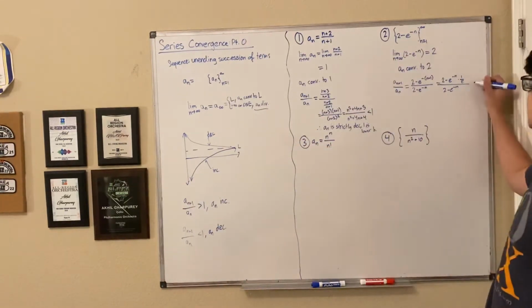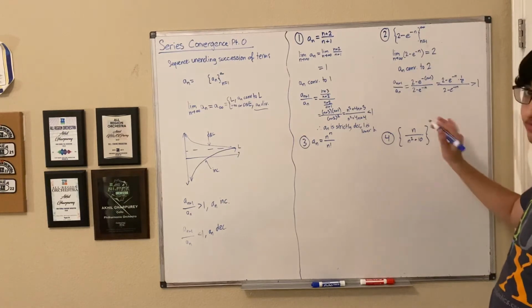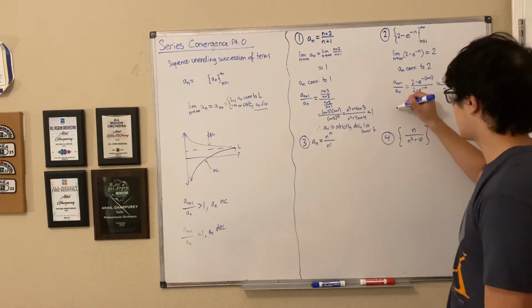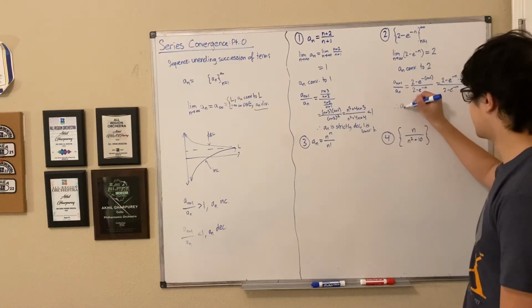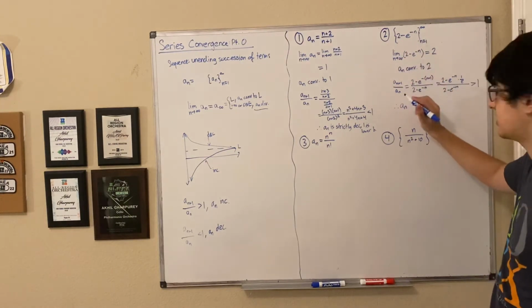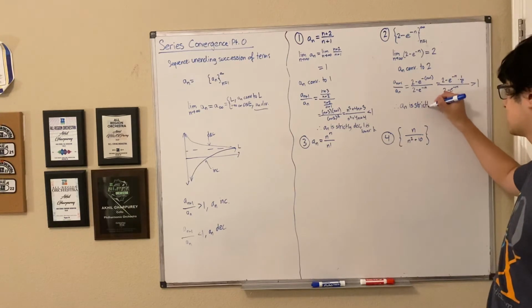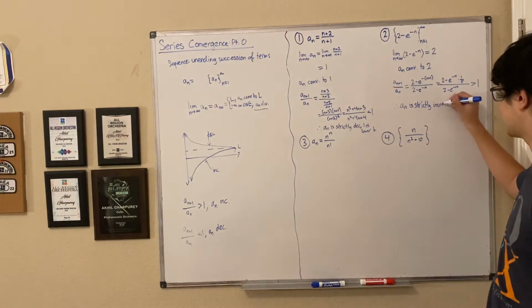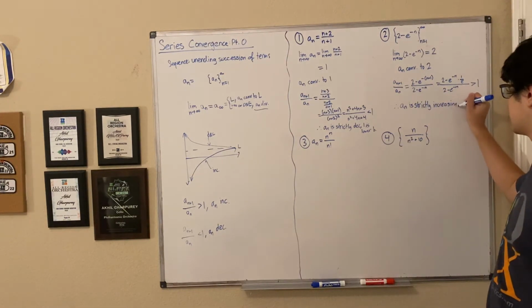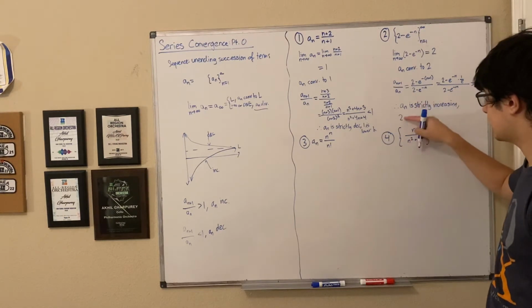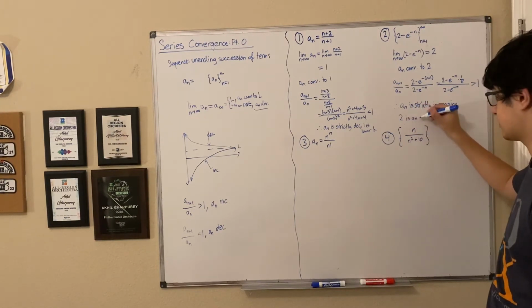So this is going to be greater than 1 for all n. So therefore, a sub n, which is 2 minus e to the negative n, is strictly increasing, so 2 is an upper bound.